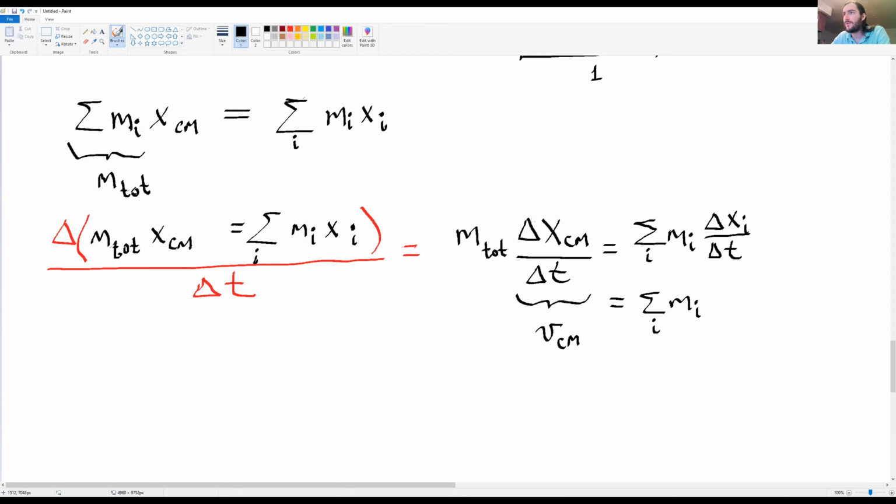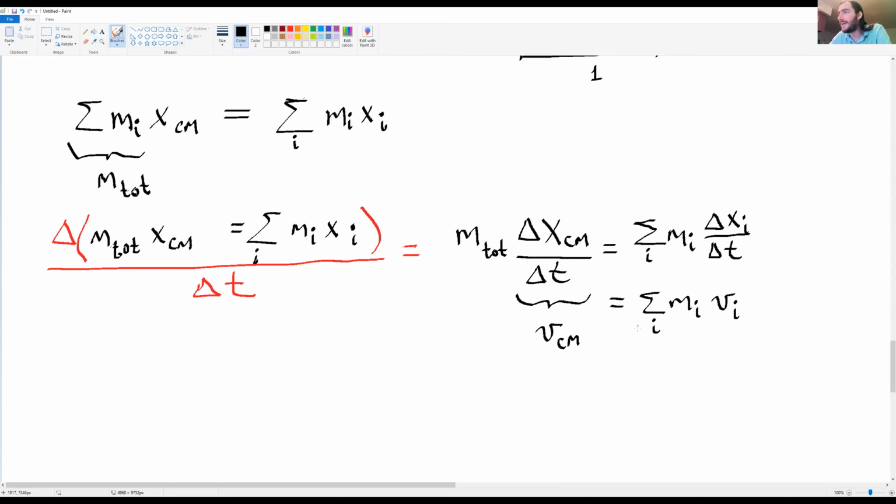On the left-hand side, we replace delta x center of mass over delta t with v center of mass. And so we have the total mass times v center of mass, the velocity of the center of mass. On the right-hand side, we have the sum of the masses times their respective velocities.